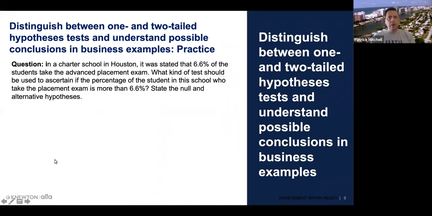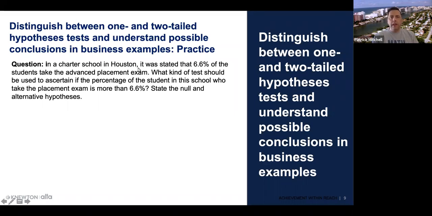All right, in a charter school in Houston, it was stated that 6.6% of the students take the advanced placement exam. What kind of test should be used to ascertain if the percentage of the students in this school who take the placement exam is more than 6.6%? And they want us to state the null and alternative hypotheses.